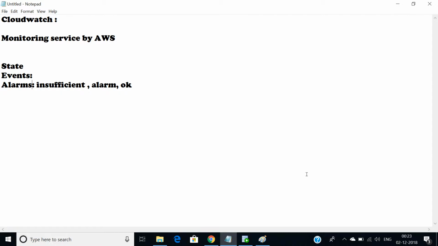So the first thing is that we would be enabling Simple Notification Service. Here we go, Simple Notification Service. Click on create topic because we need to create a topic through which a notification would be generated.